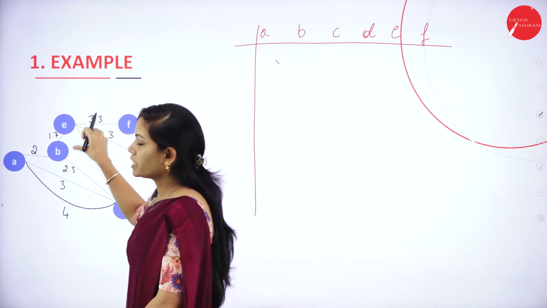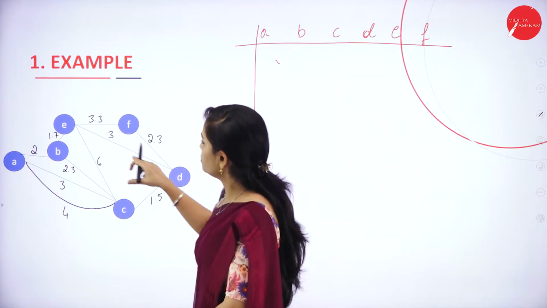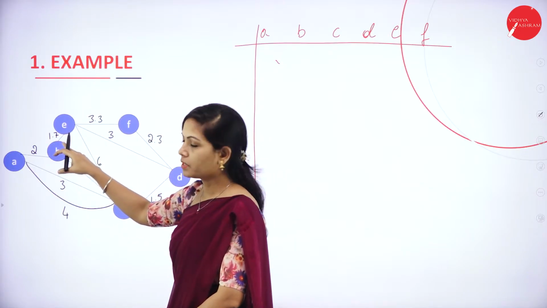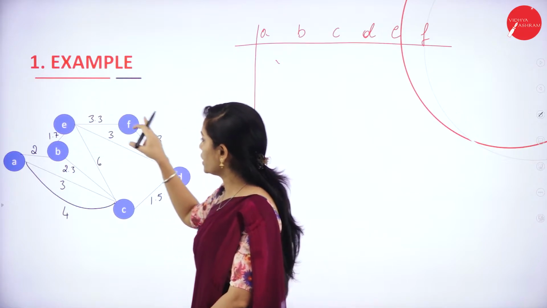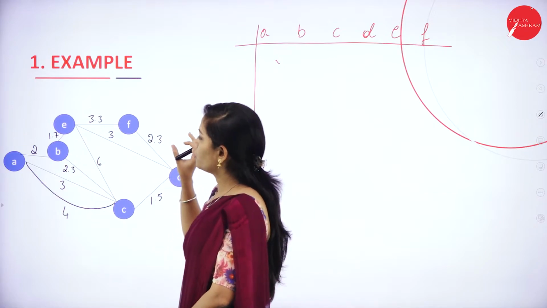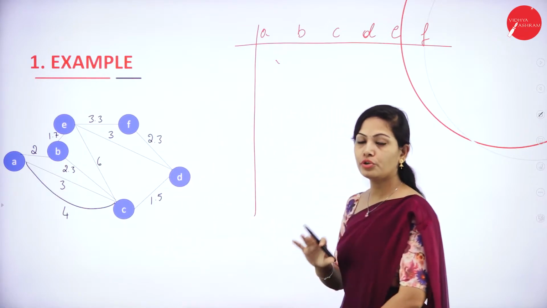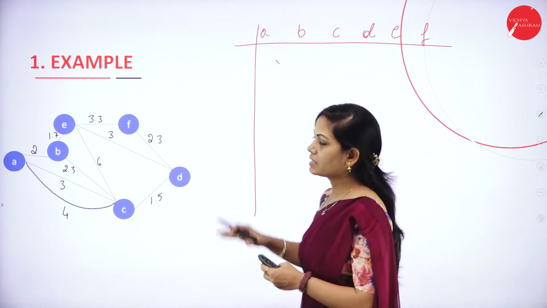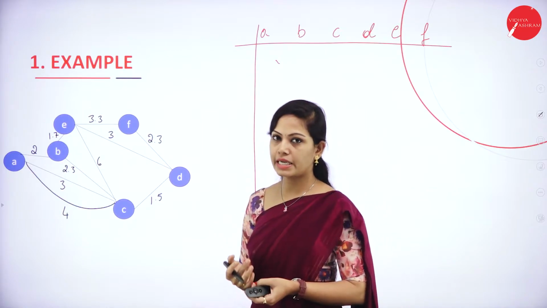Here you just observe all the edge values. We have fractions 1.7, 3.3, 2.3, 1.5 and 2.3. If you get fractions also, no need to get confused. As it is, you can apply Dijkstra's algorithm.